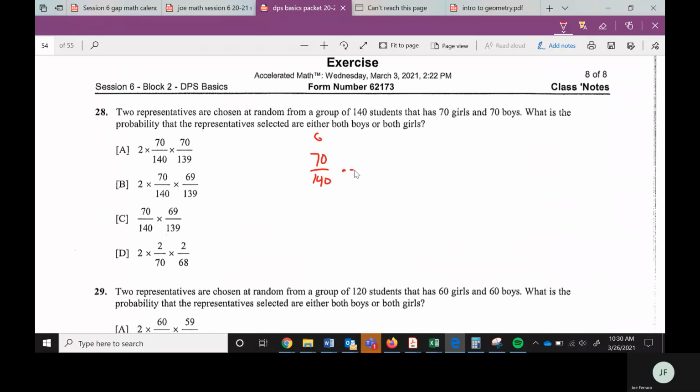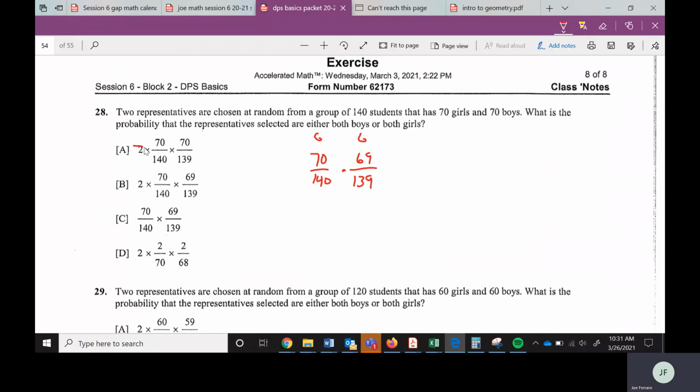Then that person is picked, so that leaves 139 people left. Now, we assume we got what we wanted on the first one, which is a girl. And if we need another girl, that means there's 69 girls left.